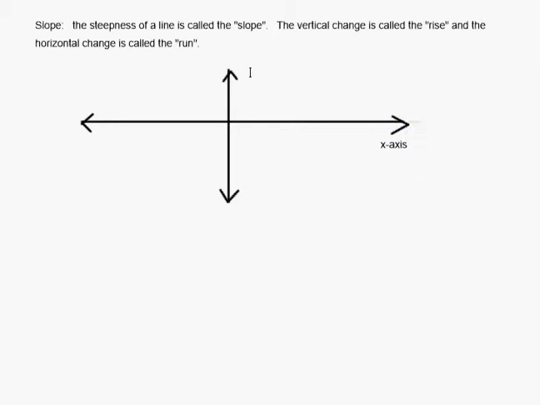The vertical number line is referred to as the y-axis.